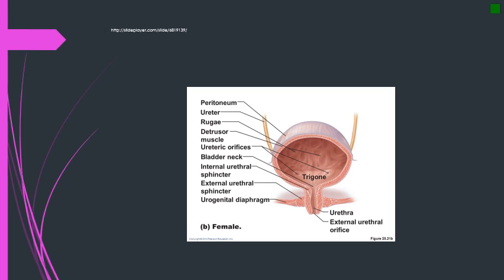So here's a picture so you can see that detrusor muscle and that trigone area. With any initial stimulation of your sympathetic system, it gives you the sensation that you need to pee, but it's actually contracting that sphincter so that you don't, and relaxing that detrusor muscle so that your bladder can hold more volume.